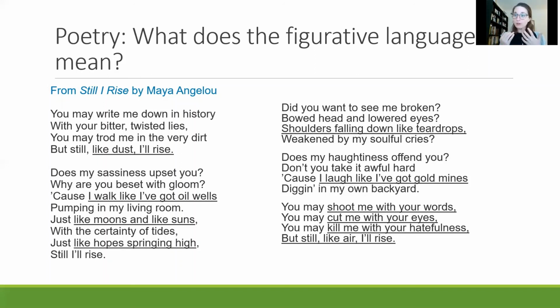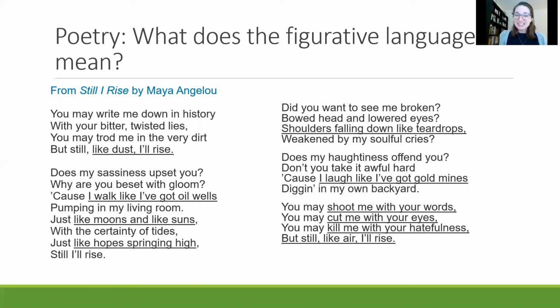Teardrops fall out of people's eyes when they're very sad or upset by something. And in the same way, if you think about physically, when you feel overwhelmed or when you feel very sad, oftentimes the head comes down and the eyes lower, but also the shoulders will fall. So if we think of shoulders falling like teardrops, it both gives us that sad feeling, and it also helps us to give a good visual of what that means.